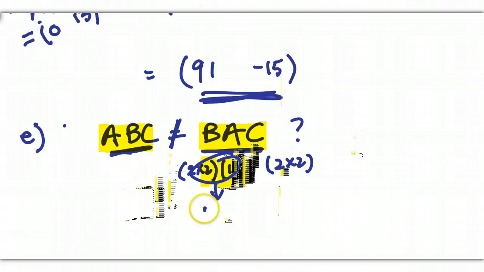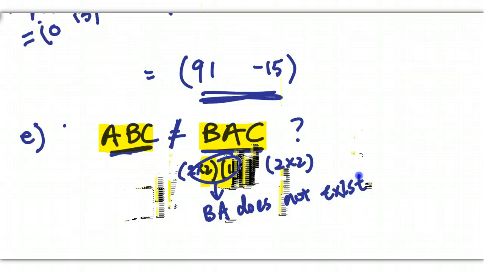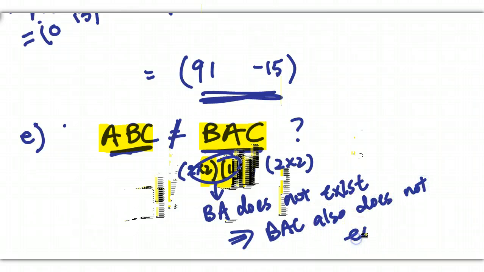That means that BA actually does not exist, which means that BAC also does not exist. We have already worked out what ABC is, and we know that BAC doesn't exist, so we know that they cannot be equal.